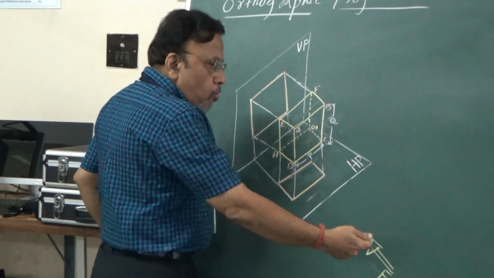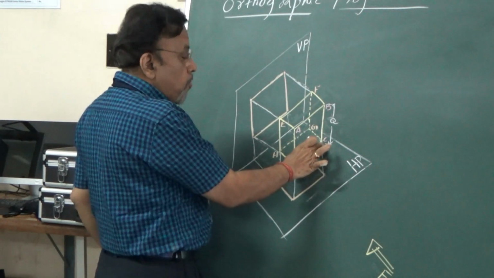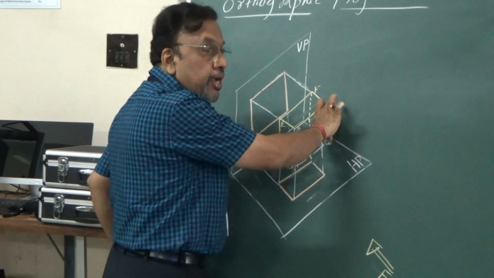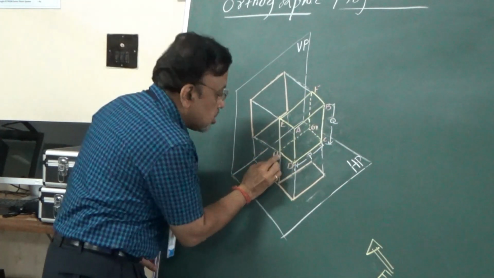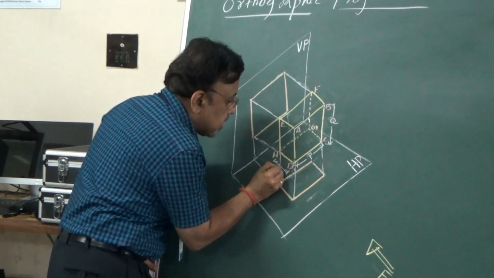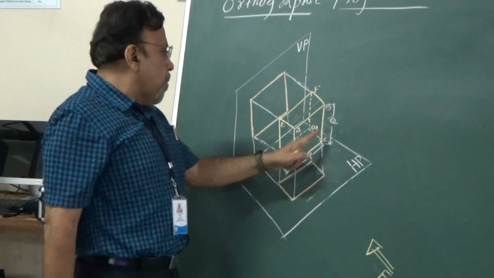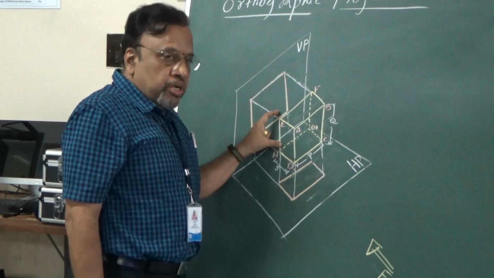As you can see, for the observer, this is the width of the object, this is the height of the object, and then I have this third dimension, the thickness. Let me consider this thickness as s. So I am just considering p, q and s as the dimensions of this particular object.